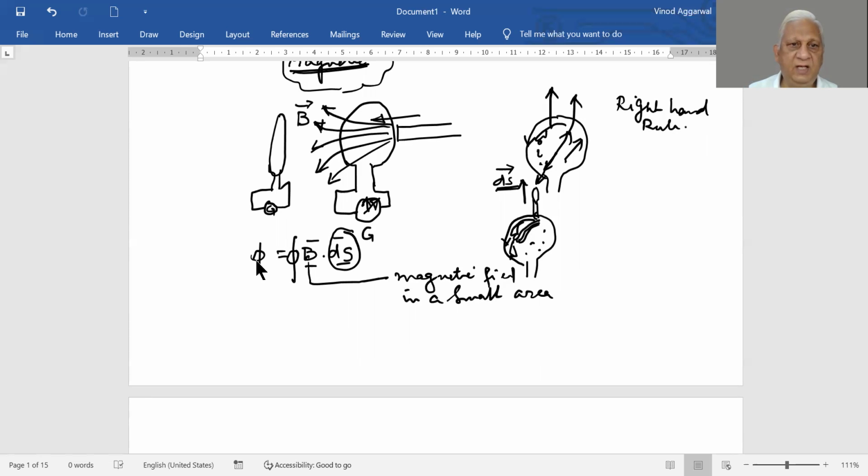Once we define our flux in this fashion, Faraday's law of magnetic induction says that if this flux is changing, then an EMF is generated, which is equal to the negative of the rate of change of flux.